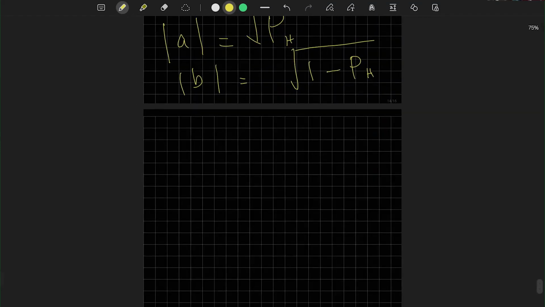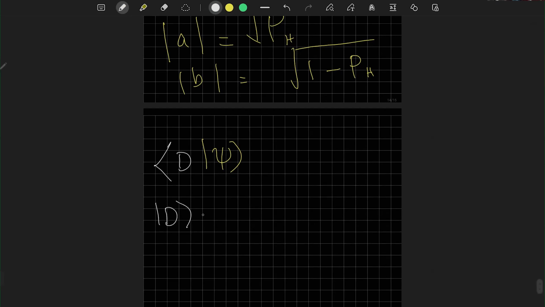If I were to take the quantum state psi and project it onto cat D, let's see what happens. So instead of projecting onto cat H, let's project it onto cat D. That's what it is. Cat D, I defined yesterday. So let's do this.